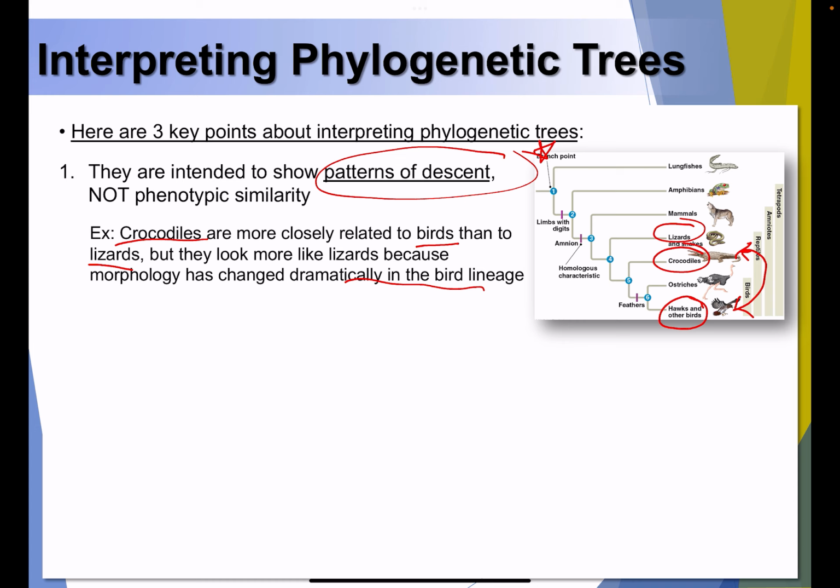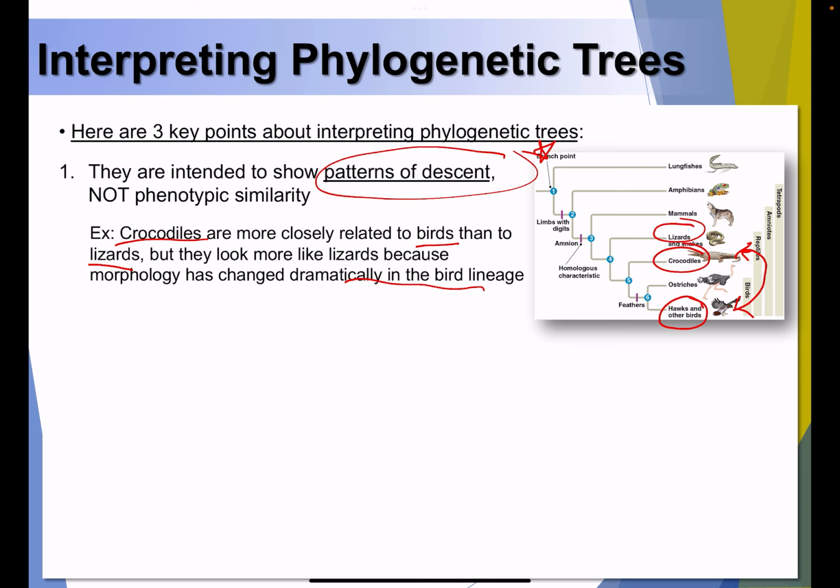But when we look at the genetic lineage on the phylogenetic tree, it says birds are actually more related to crocodiles than to lizards. So that's why when we're looking at these evolutionary ancestral relationships, we're not looking at how similar they look. That is the morphological homologies we've talked about earlier.